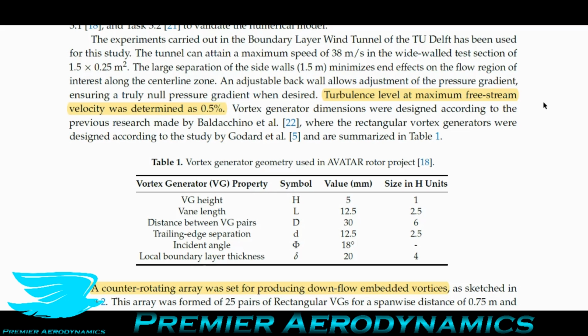The greater the turbulence intensity, the more turbulent the flow will be, and the higher the angle of attack the object can be pitched at before stall occurs. A turbulence level of 0.5% is fairly low. That's a typical wind tunnel turbulence intensity level.